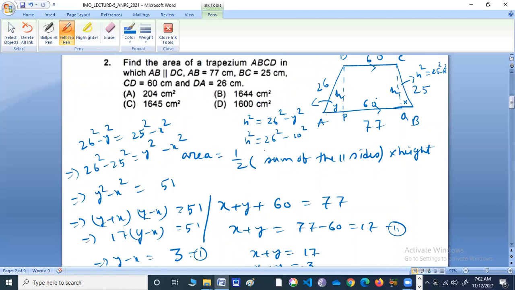H square. Therefore h will be what? 26 plus 10, so 36. 26 minus 10, 16. Root under. So this becomes 6 into 4. So 24.